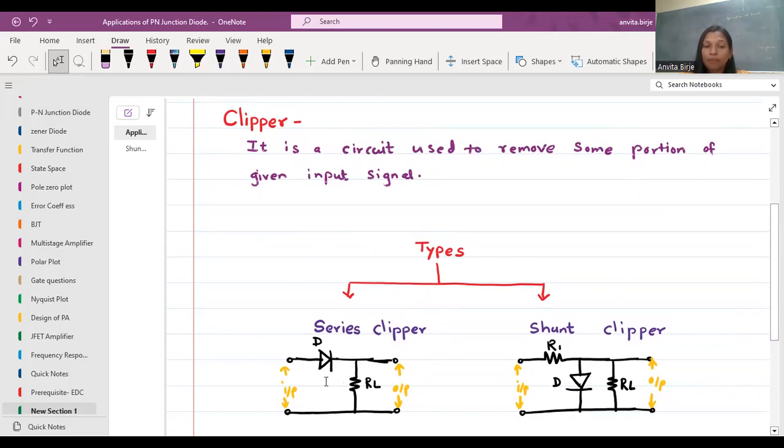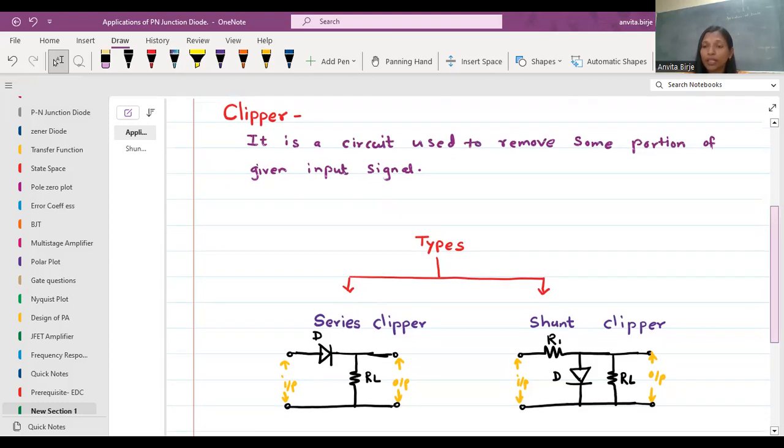In a series clipper circuit, the diode is connected in series with the load. You see, we can connect the input over here and the diode is connected in series with the load resistor. In the second type, the shunt clipper circuit, the diode D is connected in parallel with the load resistor RL. So that is the shunt clipper.